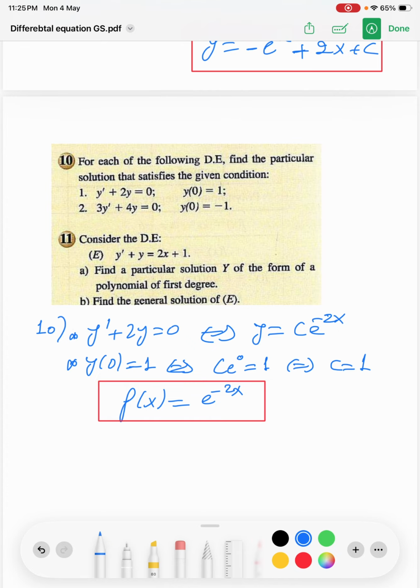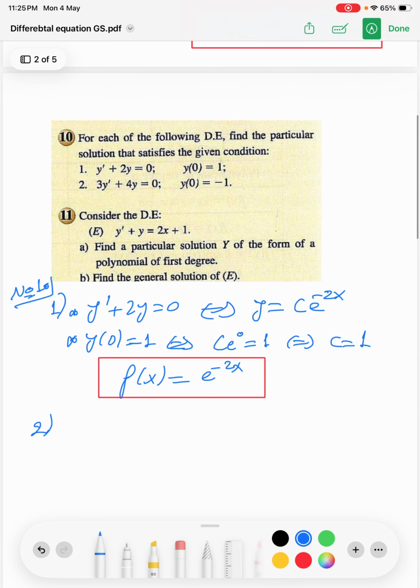For example, in part 2 of number 10: 3y prime plus 4y equal to 0. It must be in the form y prime plus ay, so the coefficient of y prime must be 1.